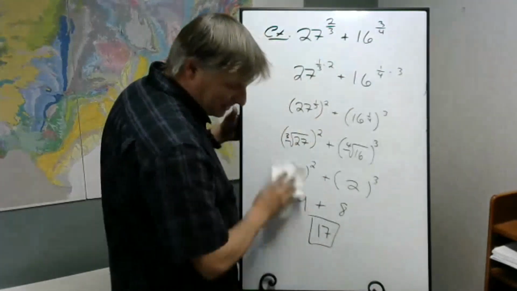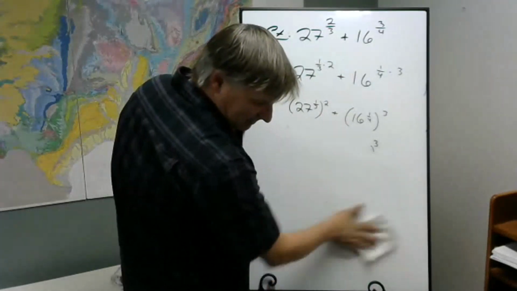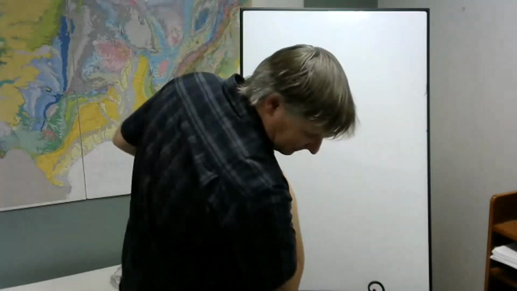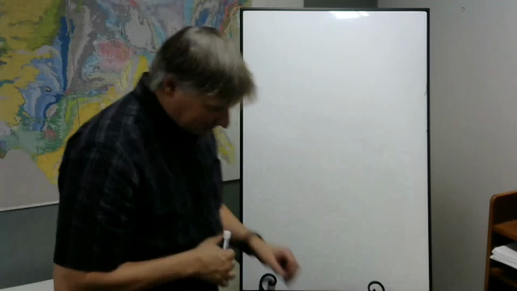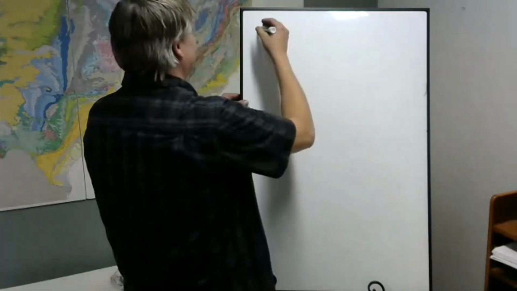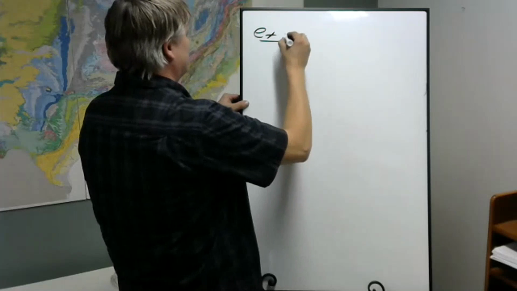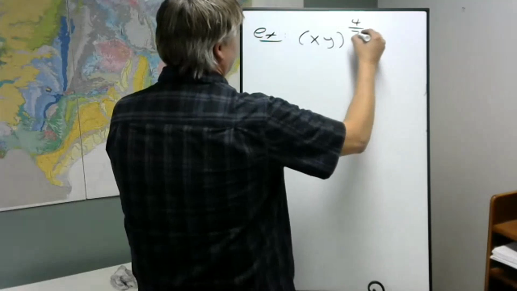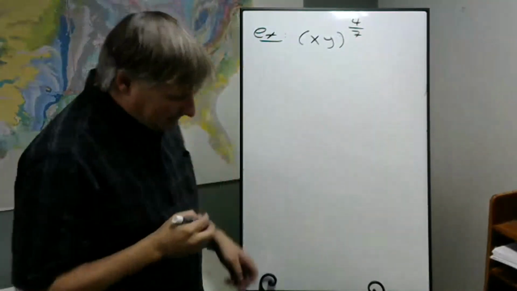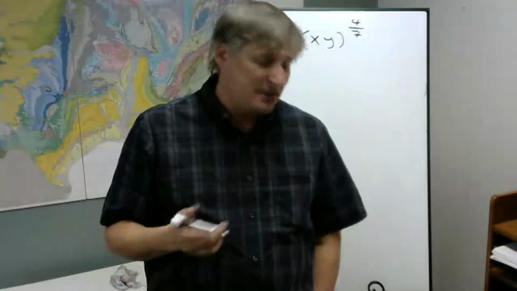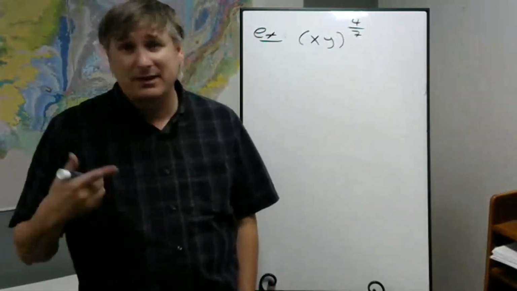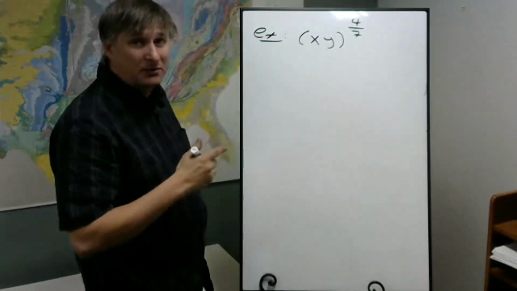Now let's take a look at something else. Let's say we have this. Now, you can argue this how you want to do the convention. What they typically do in the text is we try to put the root on the outside for this kind of question.